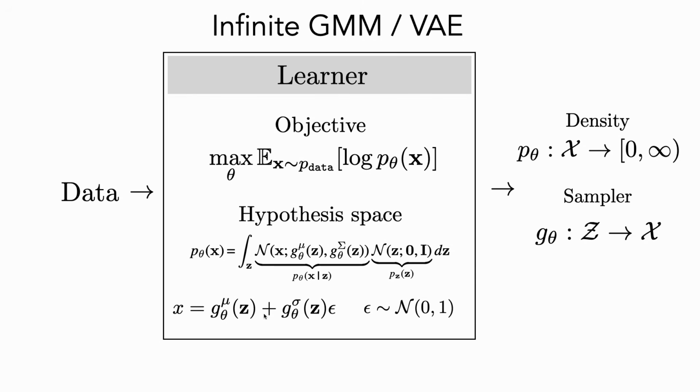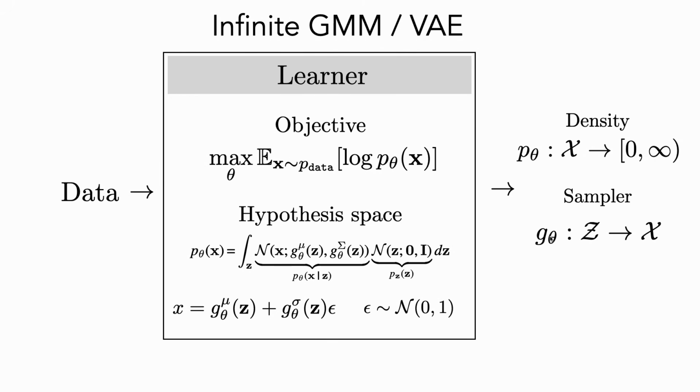In order to create a sample x, I first sample a random unit Gaussian z. The sampler written here is just going to be the mapping p(x given z). So it's going to say, given some z, how do I draw a sample over the possible x's that follow the density p(x given z).